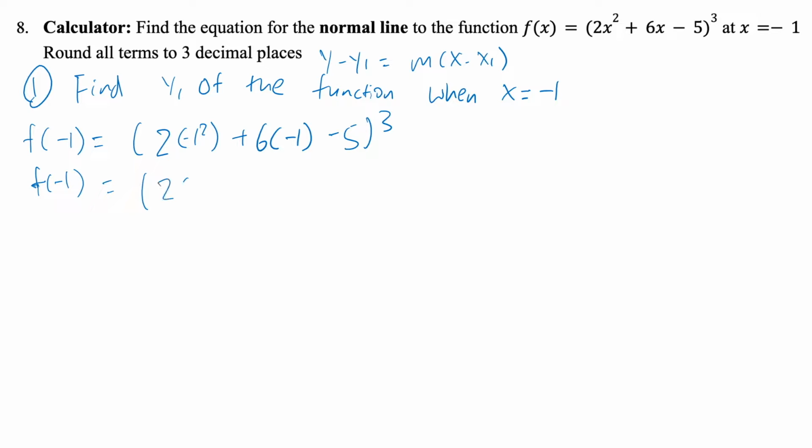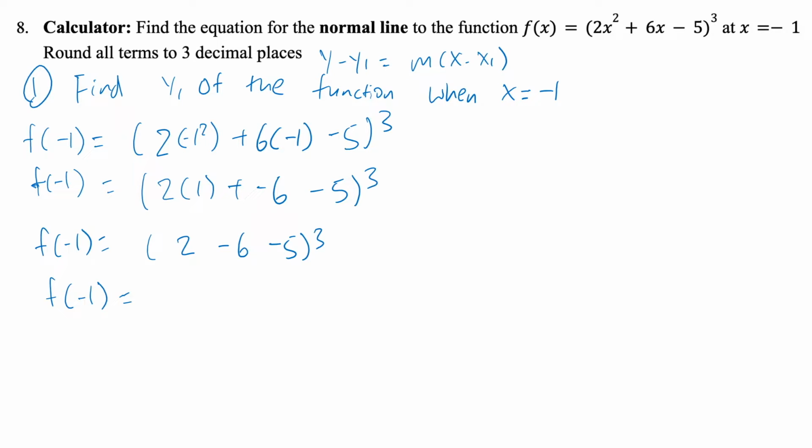So we get 2 times -1 squared, which is 1, plus -6 minus 5 cubed. So we get 2 minus 6 minus 5 cubed. f of -1 equals -9 cubed. So f of -1 equals -729, and that's our y1 value.